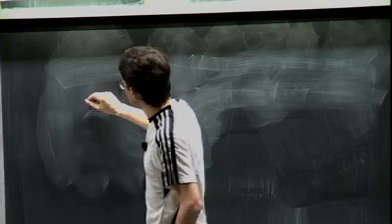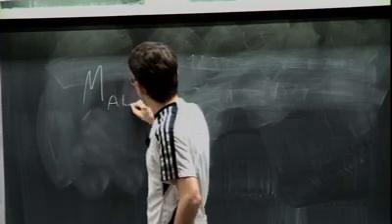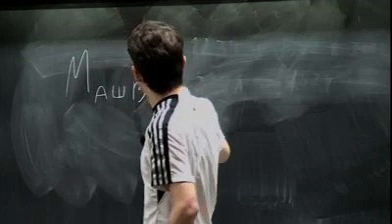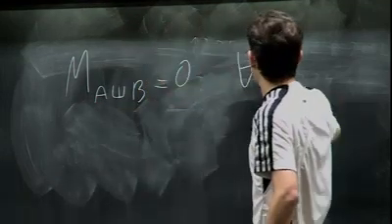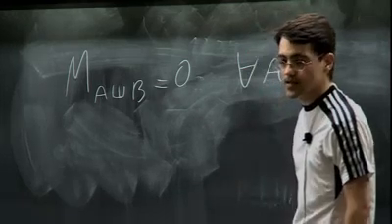Oh, I was going to mention another property. It's equivalent, but it is not obvious that the expression there is equivalent to the following one: m a shuffle b equals 0 for any words a and b.